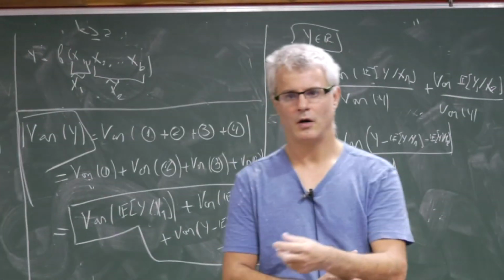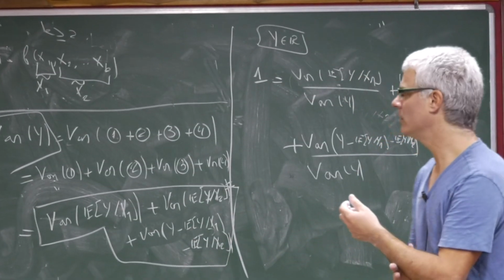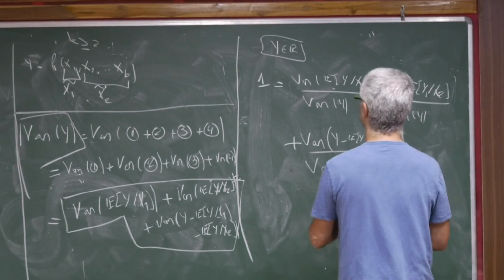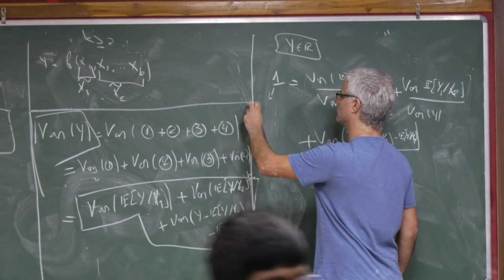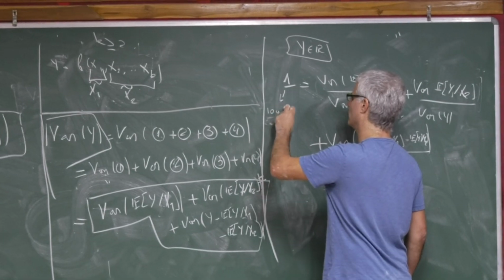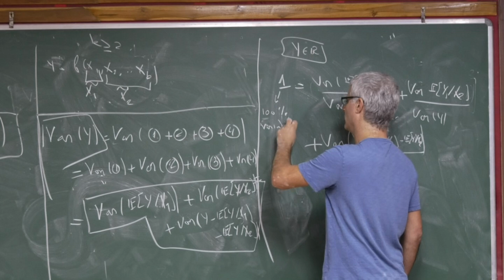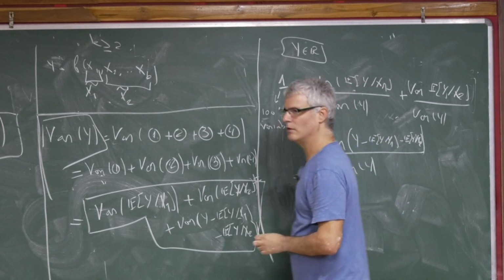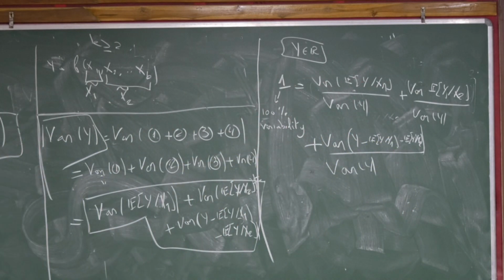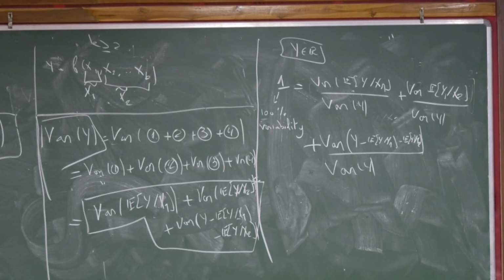So how can we interpret this formula? The left-hand side of this formula has to be interpreted as 100% of the variability of my phenomenon.